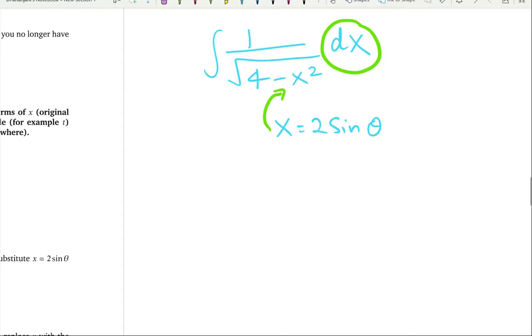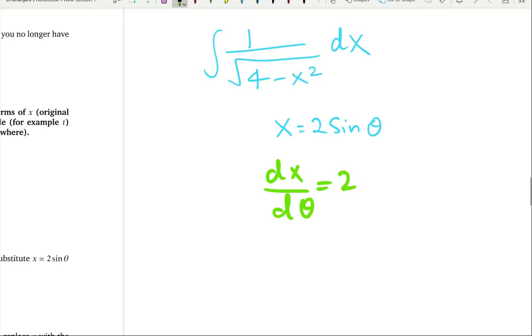Remember I said when we were learning integration by substitution that it is actually a two-step method, actually two substitutions, right? So how do you replace dx? Well, you have to find dx in terms of d theta. So differentiate x with respect to theta: dx over d theta. So 2 times the derivative of sine, which is cosine theta. That's important. So what is dx? dx is 2 cosine theta d theta. Let's take the d theta to the right.